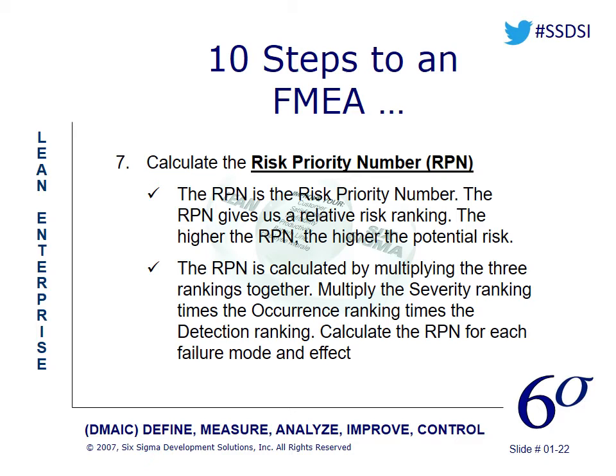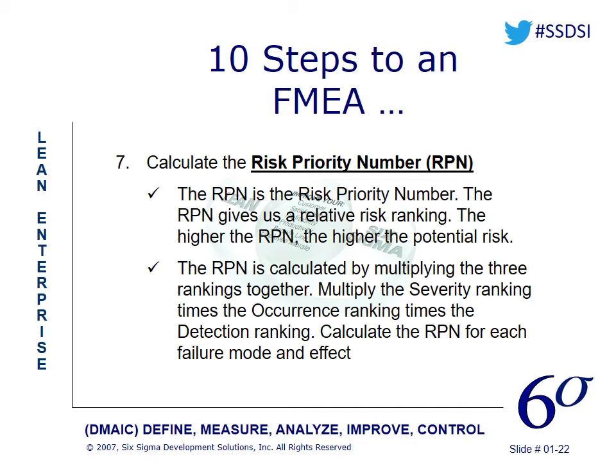Finally, we calculate the risk priority number. This risk priority number is calculated by taking that severity, multiplying it times occurrence, multiplied times detection. So the 3 of those multiplied give you that RPN. RPN again is risk priority number.